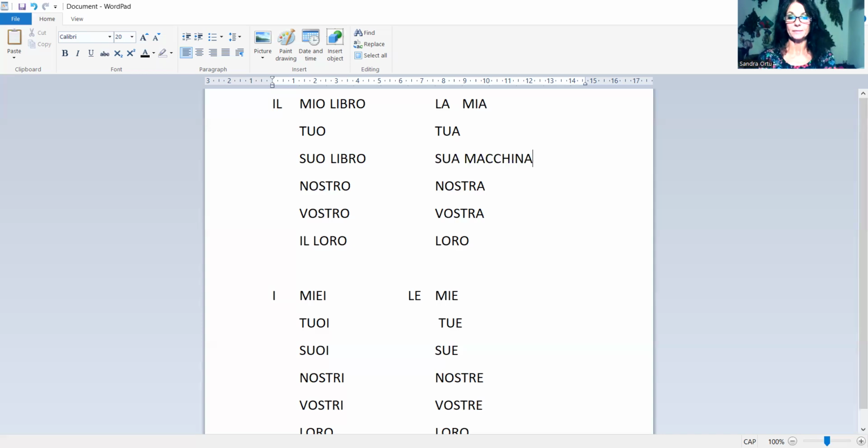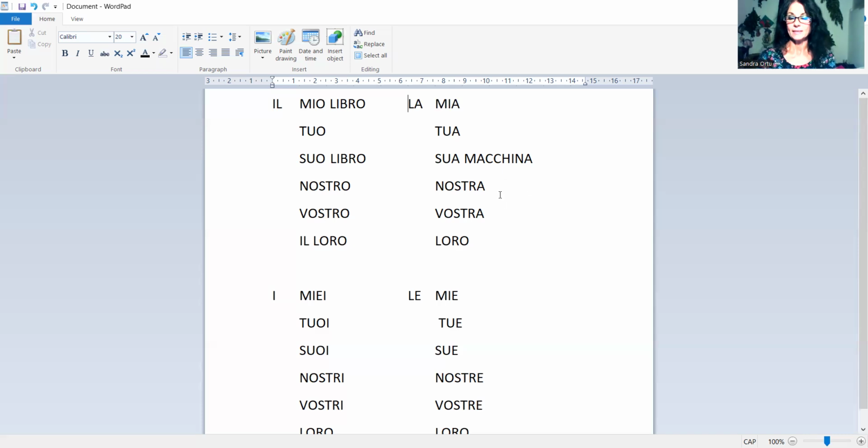Macchina is a car. So if we have la sua macchina, sua is feminine, singular, because macchina is feminine. So also this one means his car or her car. Again, we don't know if it is out of context. However, in a sentence or in a context, we would know who we are talking about.